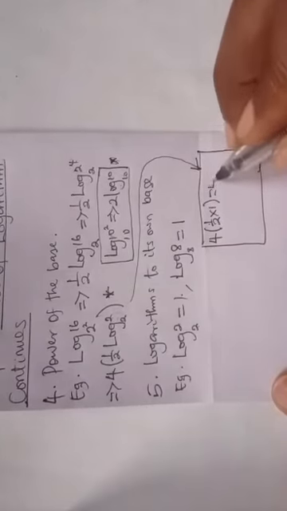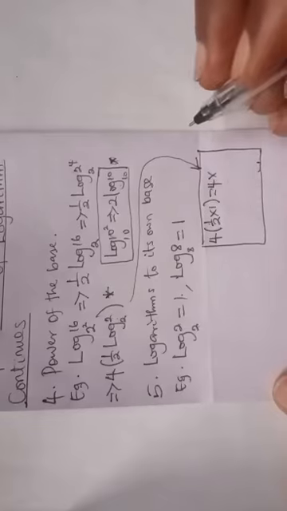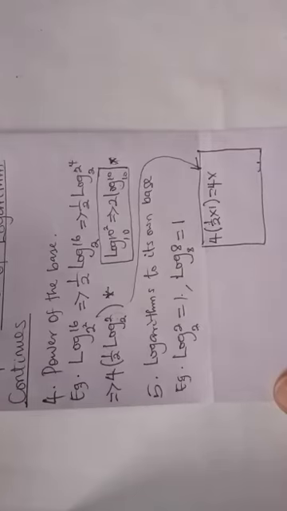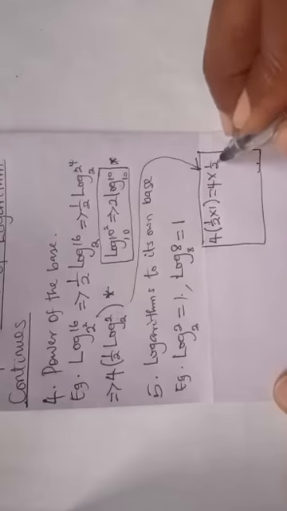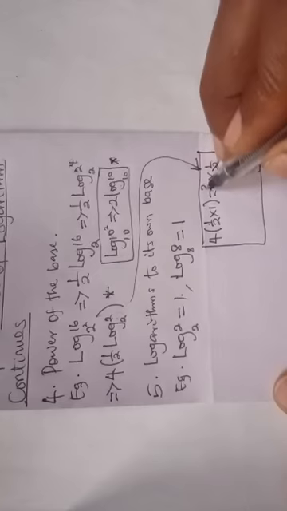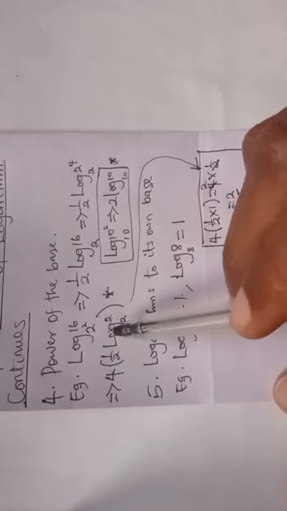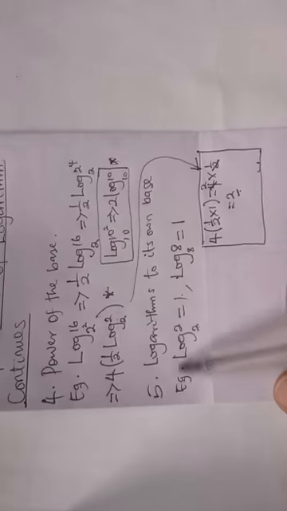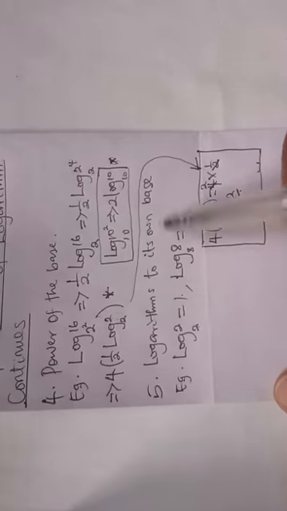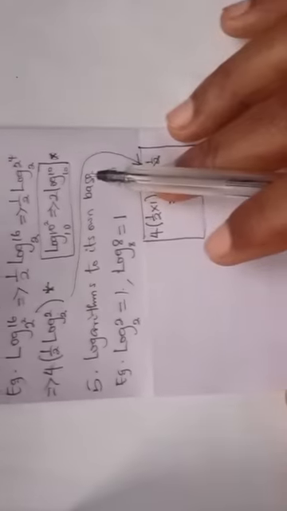So 4 times half times 1 is actually half, so we have 4 times 1 over 2. Okay, so 2 cancels 4 is 2. 2 times 1 is equal to 2. So this is approached like this, equal to 2. Now what helps us is this law, which is logarithm to its own base is equal to 1.